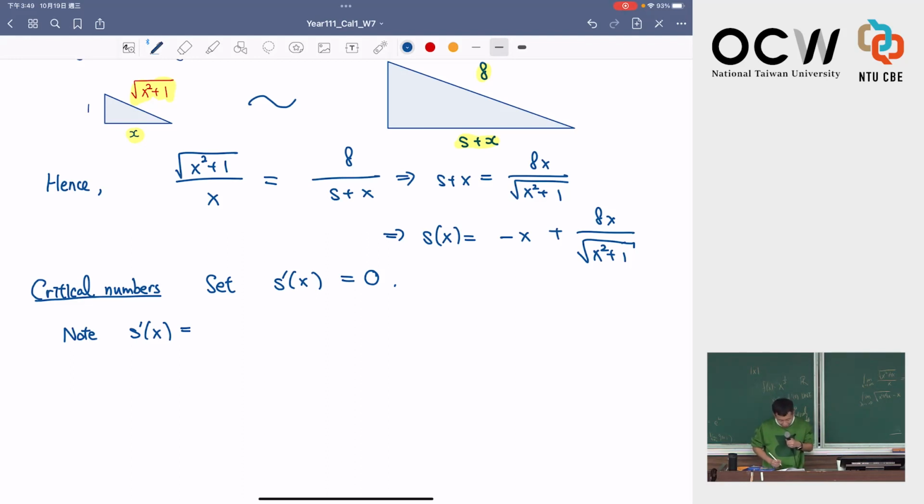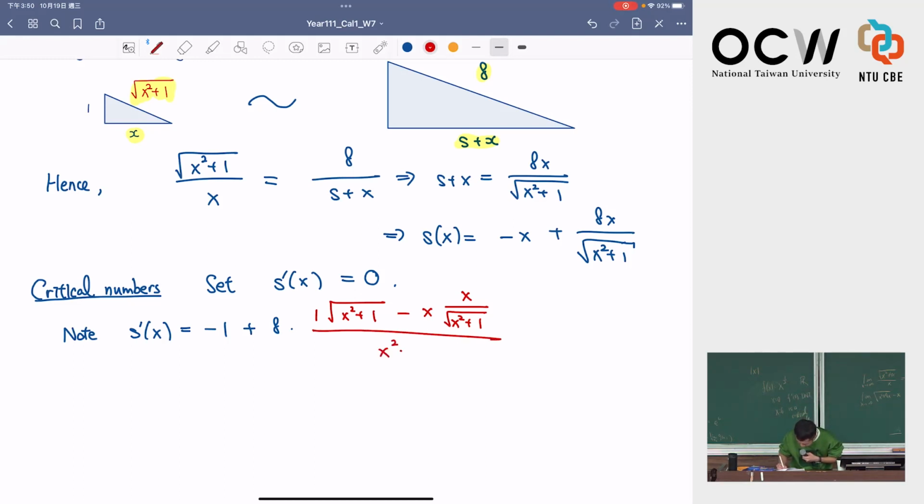if I differentiate correctly, you will get minus 1 plus, okay, h is a constant, I don't touch it. To differentiate this guy, do it slowly with the quotient rule, then you will get 1 times square root of x squared plus 1 minus x, and then I think you will get x over square root of x squared plus 1, and then divided by x squared plus 1.